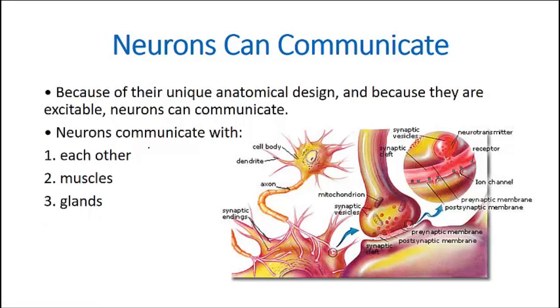Neurons communicate with each other, which is a neuron-neuron interaction. It communicates with muscle, we call it the neuromuscular junction. And the third one, neurons will also control the release of different proteins and secretory hormones from glands.